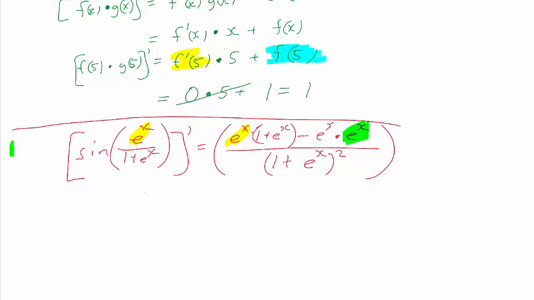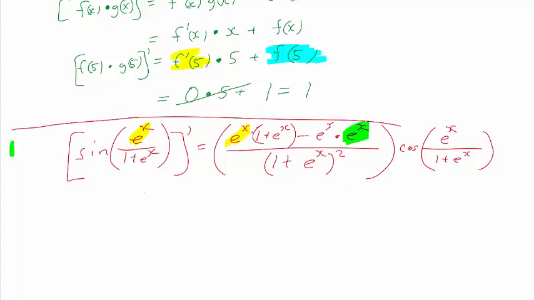What we're going to do now is take the derivative of the outside part. The derivative of sine is cosine. So we got cosine of e to the x over 1 plus e to the x. And now all we have to do is reduce the top.